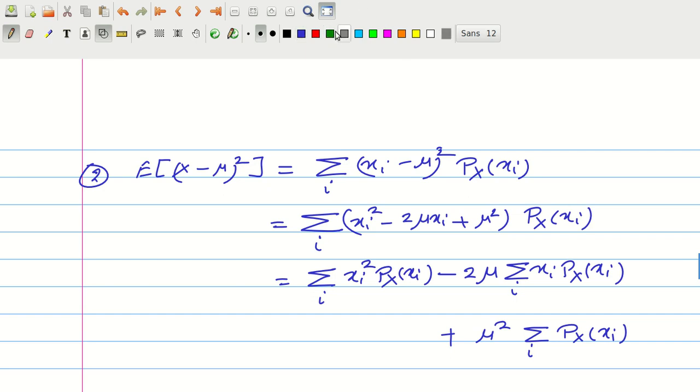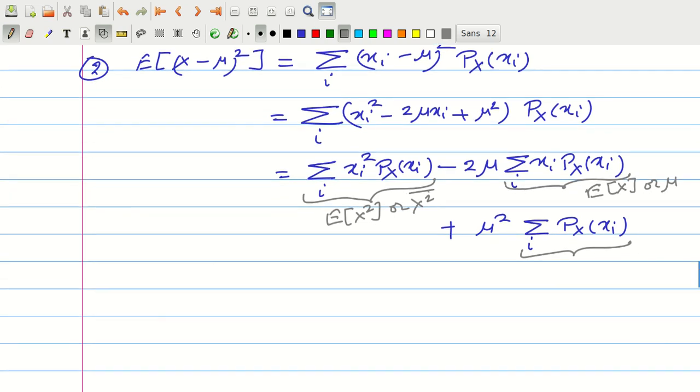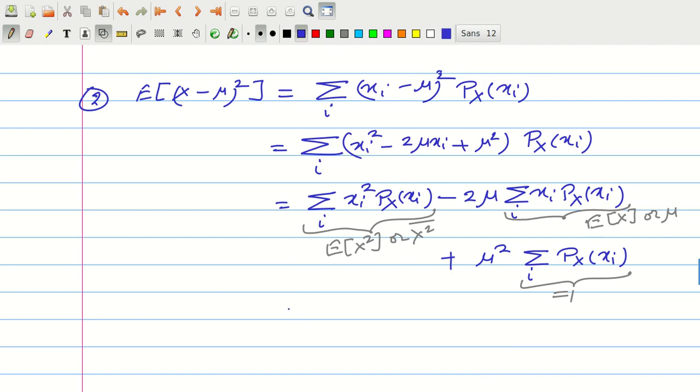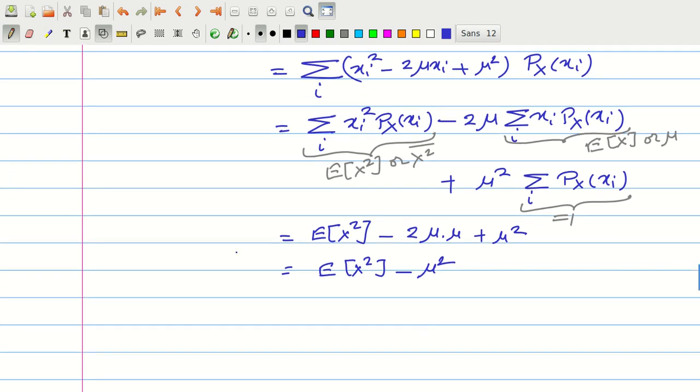And we can recognize these three different summations as the first one as the second moment E of x squared, or simply x square bar, the second summation as the first moment E of x or mu, and the last summation we identify as the total probability, which is equal to 1, and therefore the second central moment can be written as E of x square minus 2 mu into mu plus mu square into 1, which is equal to E of x square minus mu square, or which can be written as E of x square minus E of x whole square, or in other notations x square bar minus x bar squared.